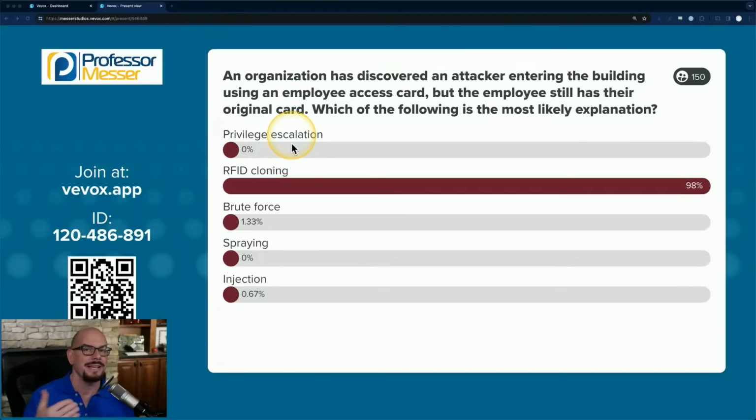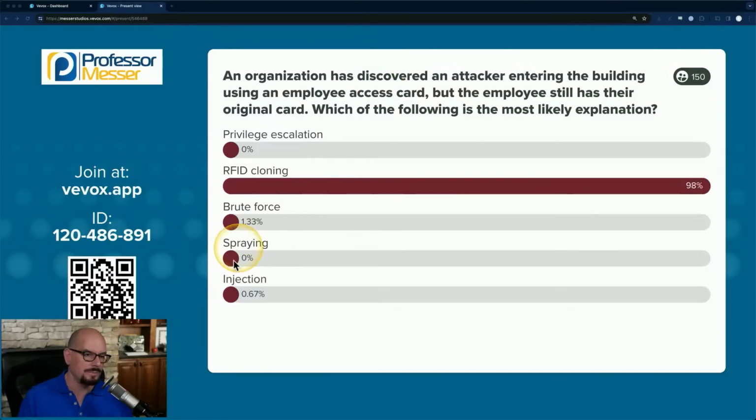There might be a way to take advantage of a vulnerability. You exploit that vulnerability and suddenly you have privilege escalation. Brute force is a way to try over and over a particular username and password combination to see if you can discover what someone's password might be. So brute force would not have anything to do with an employee entering the building with a particular access card.